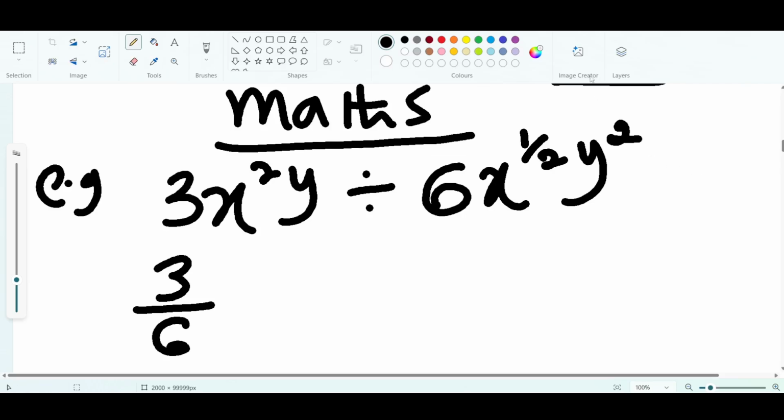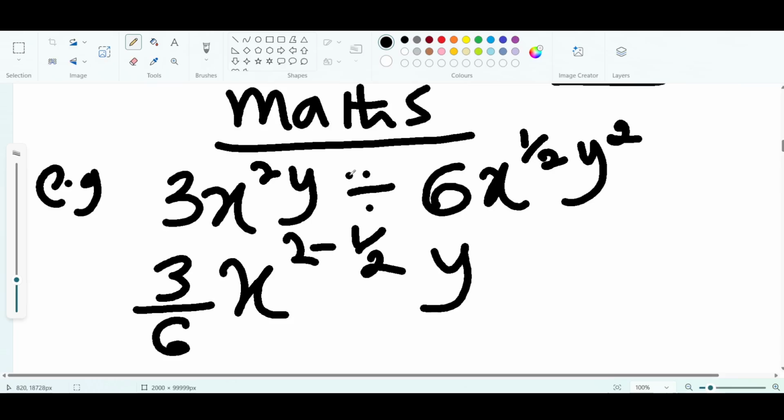While for the ones with bases x raised to the power 2 and x raised to the power half, the second law of indices will be applied to them. So this is going to be 2 minus 1 all over 2. Then for the y, we know that the power of this one is 1 and the power of this is 2.